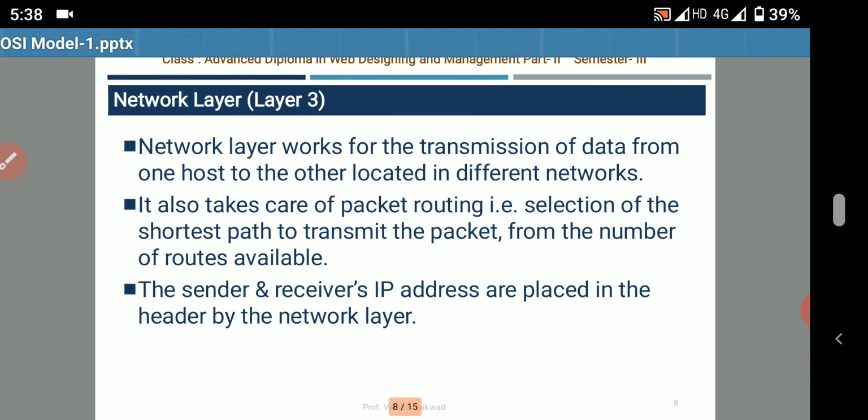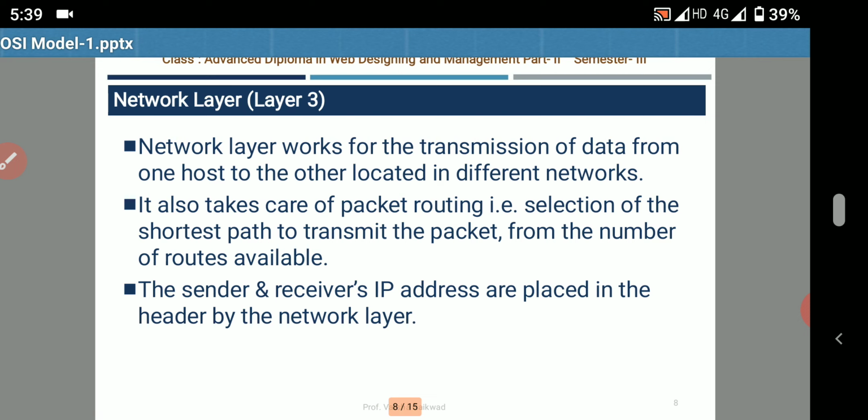Next is network layer, that is layer 3 of the OSI model. Network layer works for the transmission of data from one host to the other located in different networks. Okay, so data is transmitted from one device to other device, but they are in different networks.